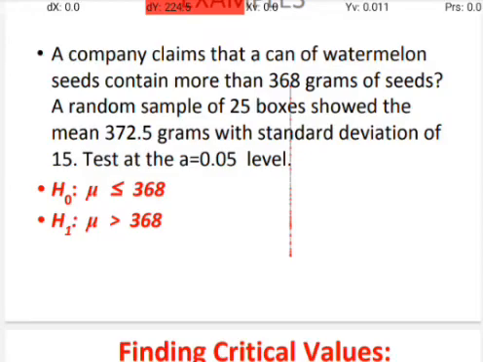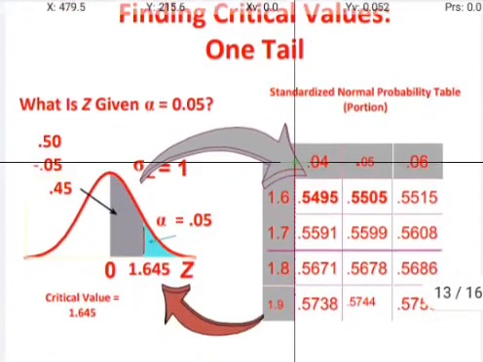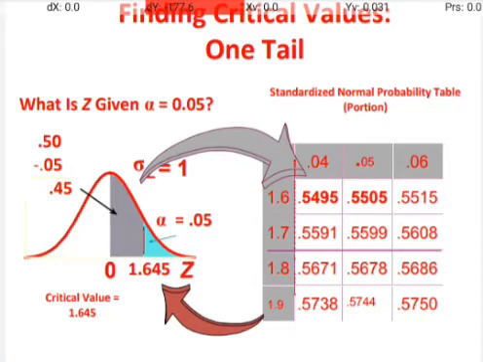Now back to what I am saying. I said earlier that you determine your critical value from your alpha. The alpha we are given is 0.05, which is the same thing as 5%. 5 over 100 gives you 0.05.